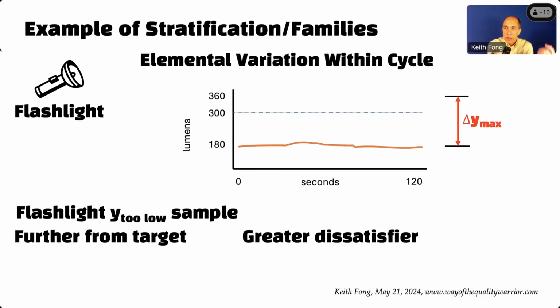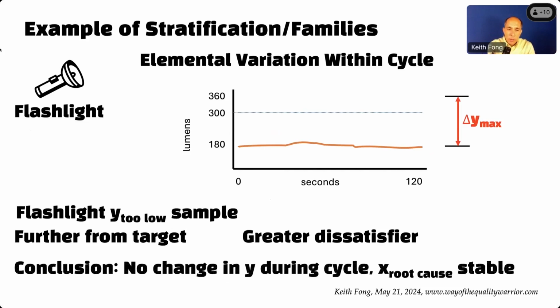So what we can conclude from this is there's really no change in the Y during the cycle. That means the X driving that variation of 180 lumens to 360 lumens is stable. It's not changing.